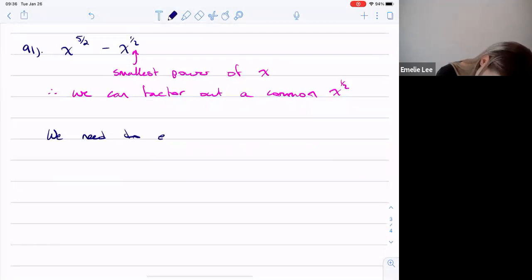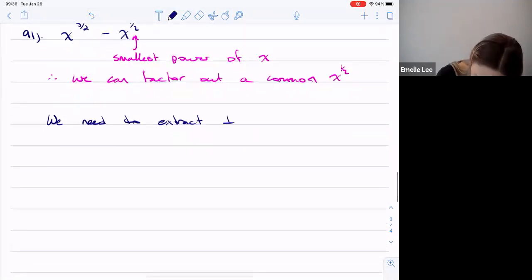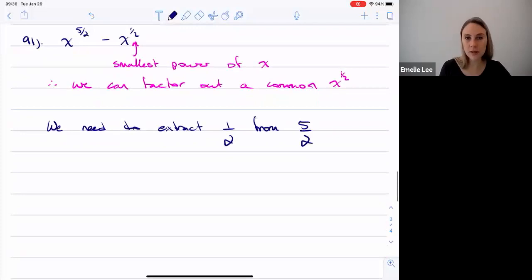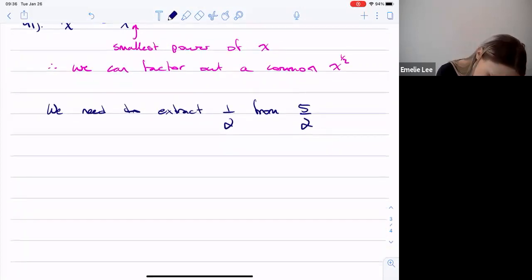We need to extract 1/2 from 5 over 2, or rewrite 5 over 2 as a sum of 1/2 and something else, just because of exponent laws.